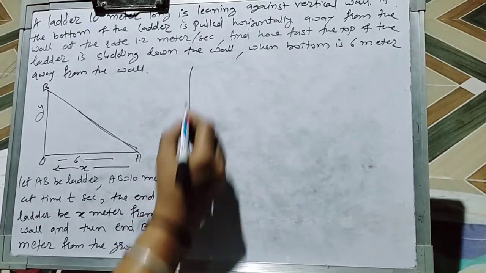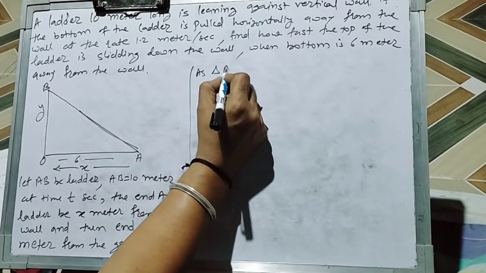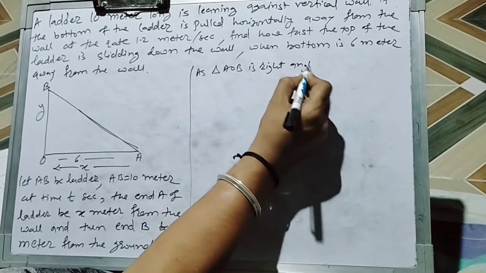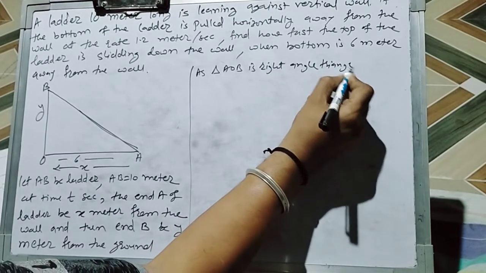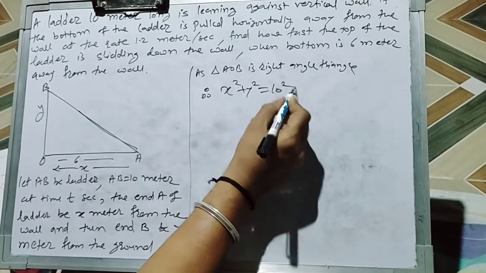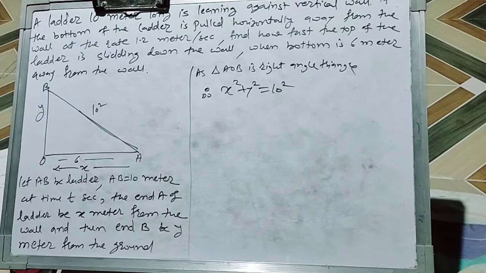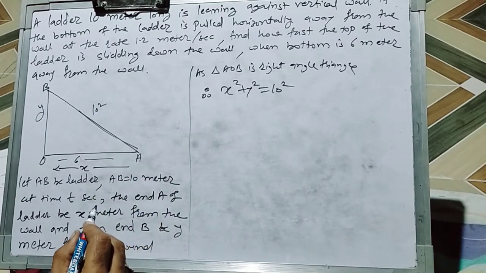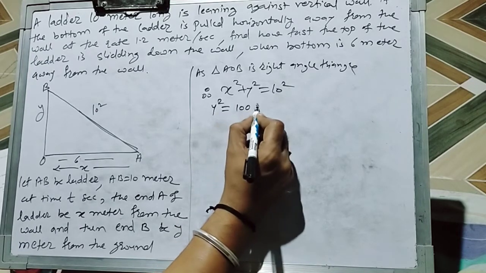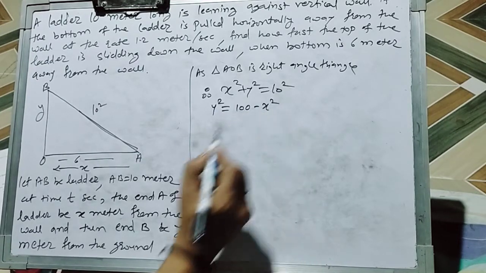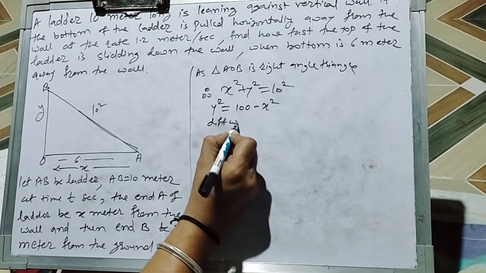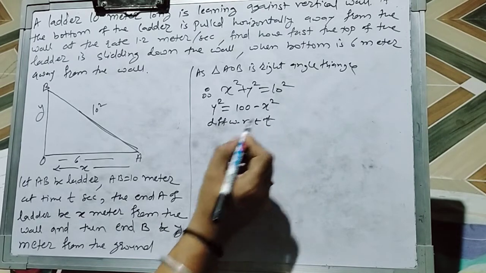As triangle AOB is a right angle triangle, therefore x square plus y square is equal to 10 square by Pythagoras theorem. So therefore y square is equal to 100 minus x square. Now differentiate with respect to time t.